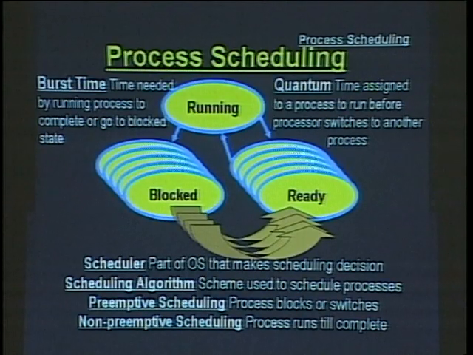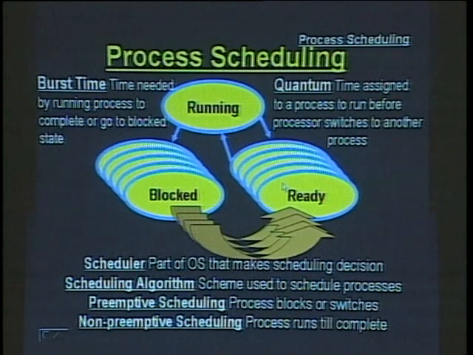Now let's look at this whole game of scheduling with the help of a diagram. We believe you are familiar with this diagram, that at any given time we have a running process, we have blocked processes, we have ready processes.